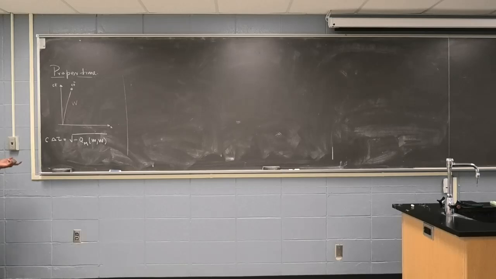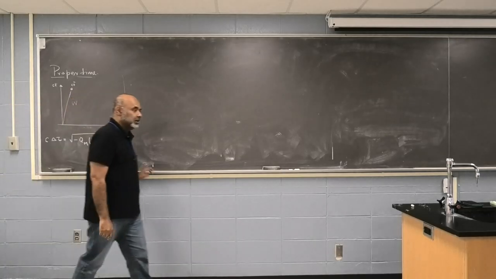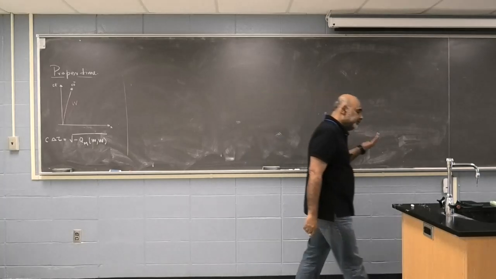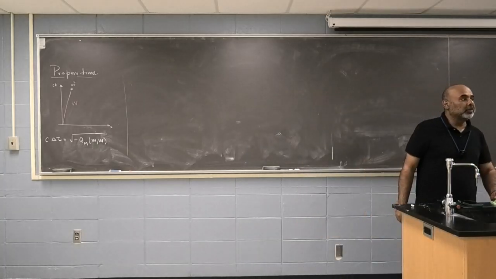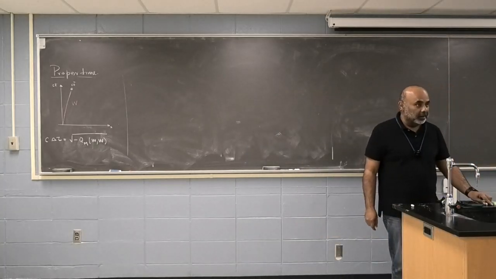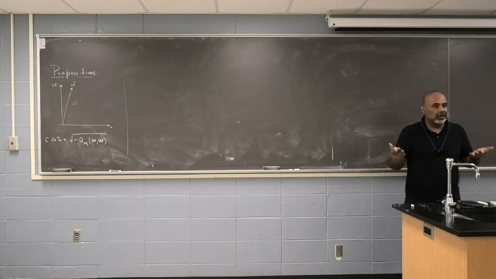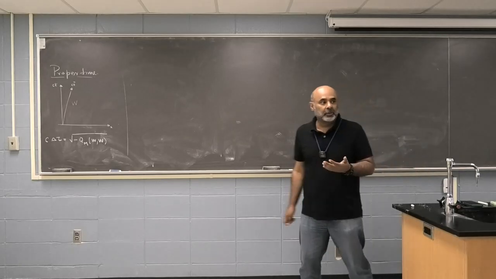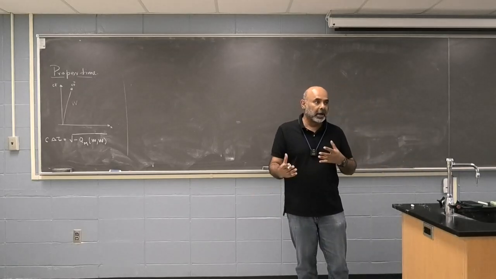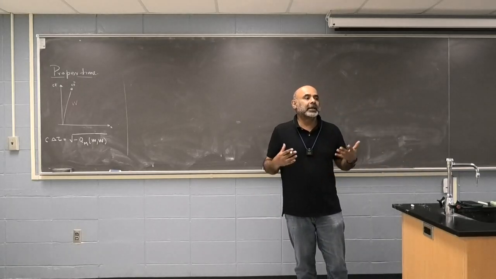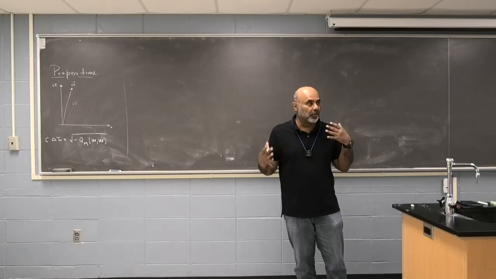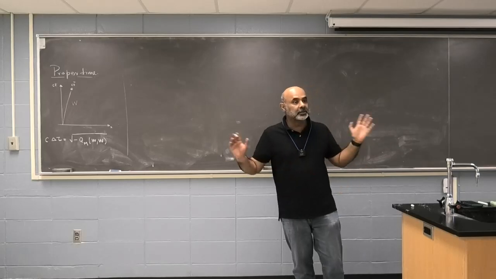Okay? So what we're going to do today is extend this to include objects that are not moving with constant velocity. Because this is the simplest case, and we really cannot do much physics with it. So far we've studied space and time. Now we're going to see how things evolve in space and time. How do particles move? How do fields evolve, and so on.